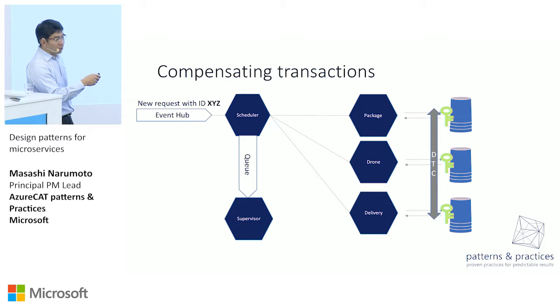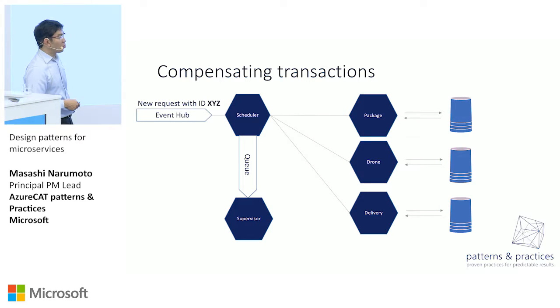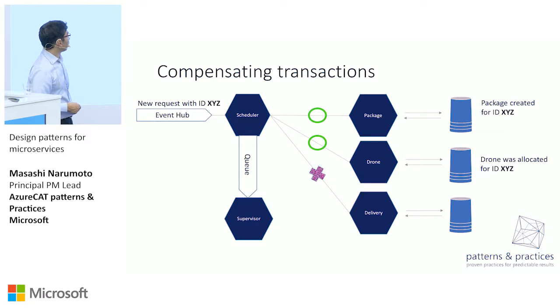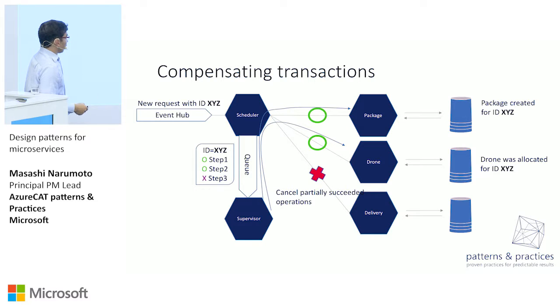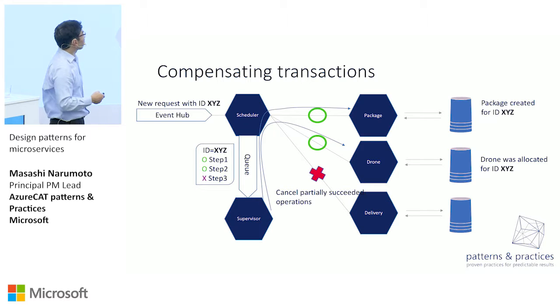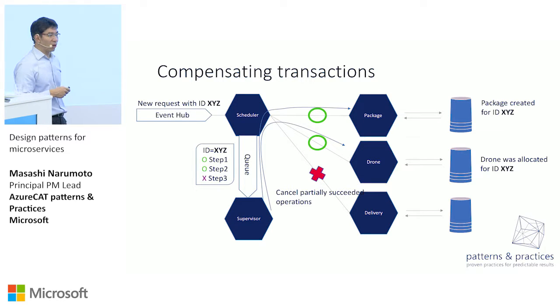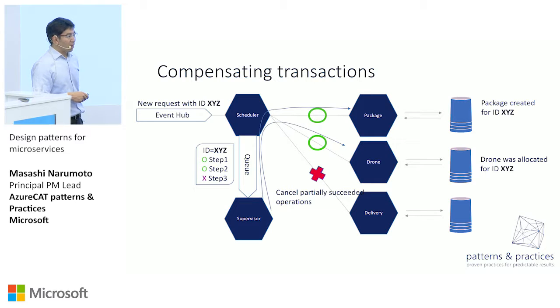So instead of doing this, here is what we do. Again, steps 1 and 2 succeed and 3 fails. And this guy detects it and notifies the supervisor, hey, 3 failed. Instead of strong consistency, the supervisor will cancel the succeeded operations. So in this example, the package was already created and the drone is already allocated, but this guy fails.